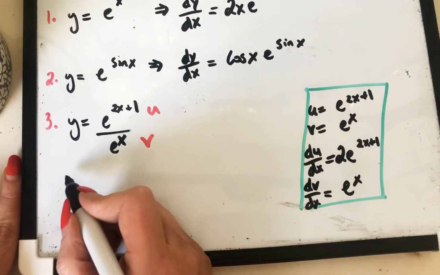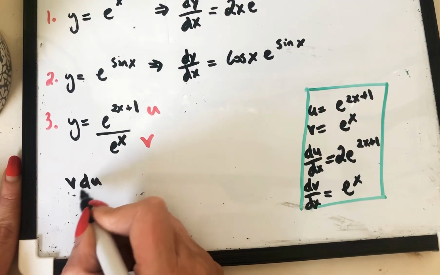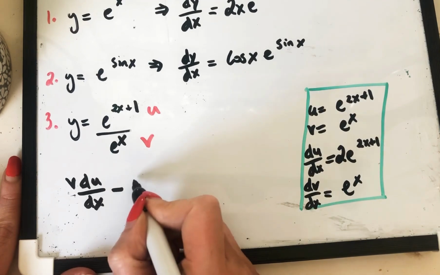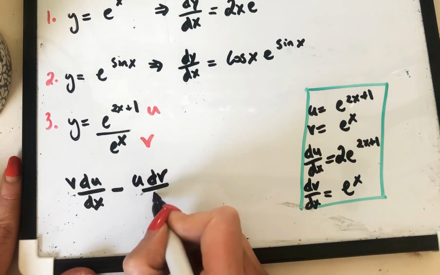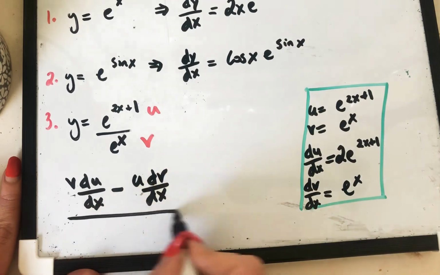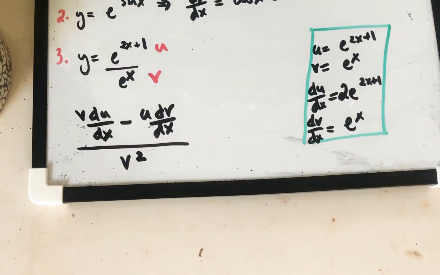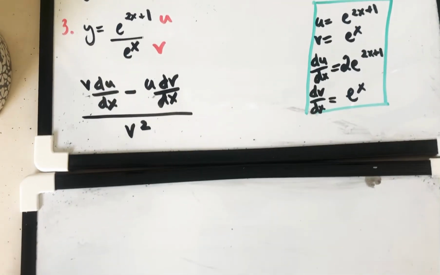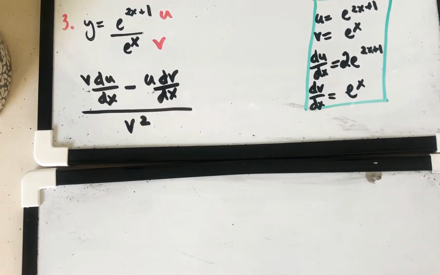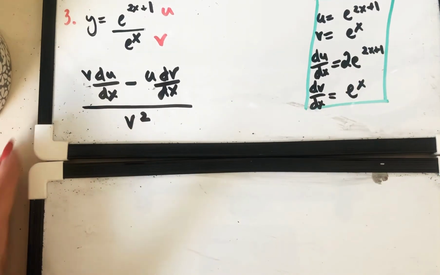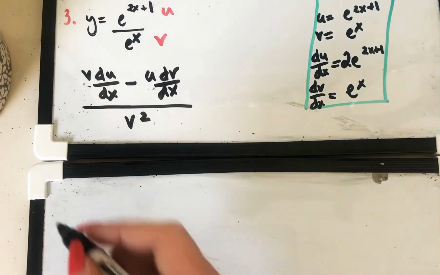Okay, so now let's write out what the quotient rule looks like. So we have v du/dx minus u dv/dx all over v squared. Okay, so let's, on a new board, fill in our quotient rule. Okay, so we have v. So our v is e to the x.